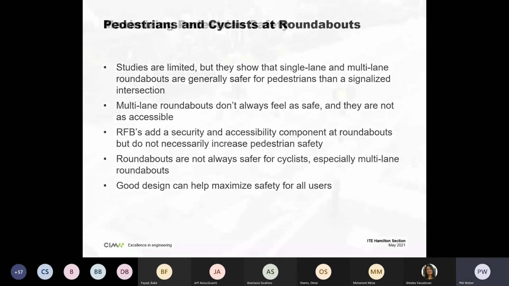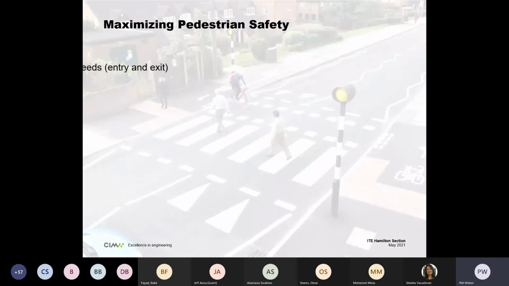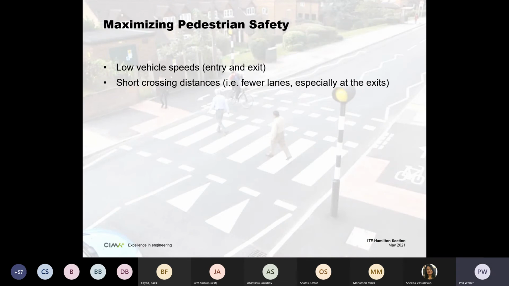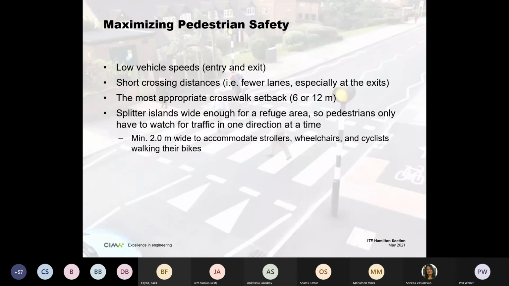So what do we do about that? Maximizing pedestrian safety: low vehicle speeds, entry and exit, short crossing distances, and we can do that by fewer lanes, especially at the exits. The most appropriate crosswalk setback, that's 6 or 12 meters. Splitter islands wide enough for a refuge area, so pedestrians only have to watch for traffic in one direction at a time.